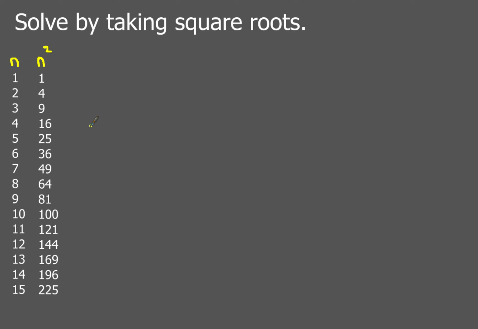Alright, welcome back. Now we're going to start with a couple of very simple examples here, but before we even do that, you've got to be able to look at a number like, say, 16 and recognize that if you square root 16, you're just going to get 4. But at the same time, you have to also recognize 4 squared gives you 16.